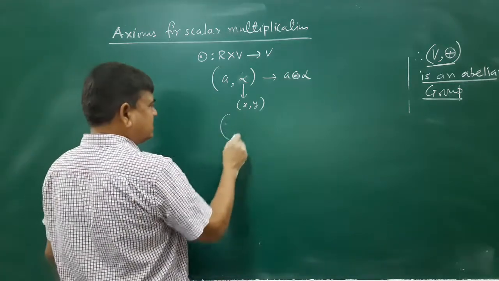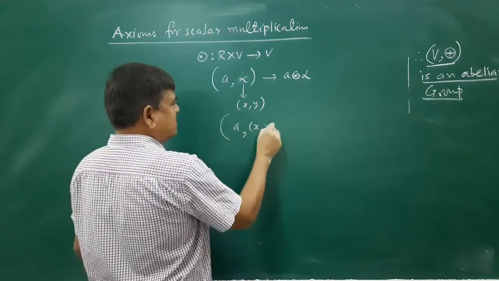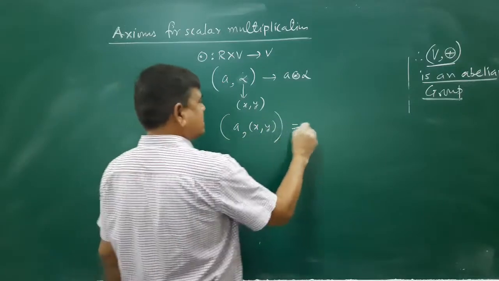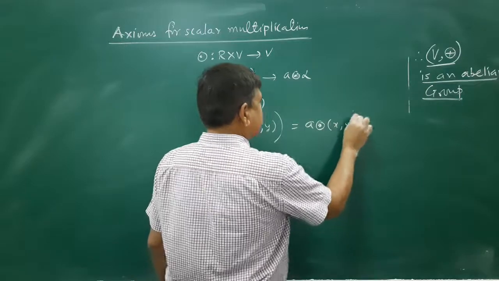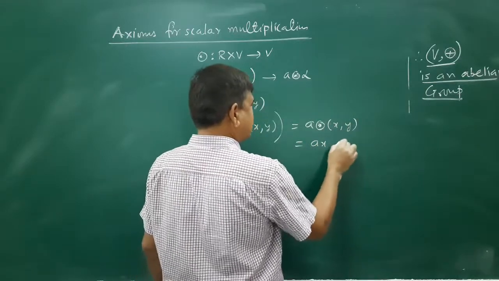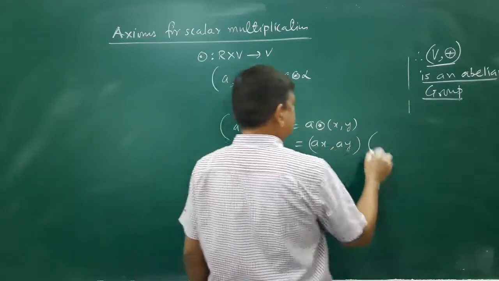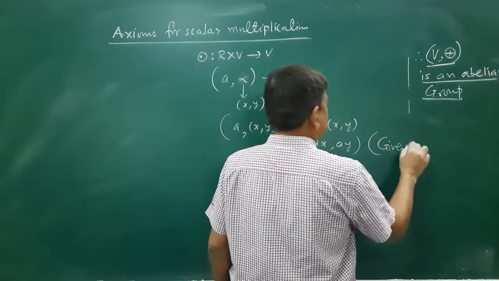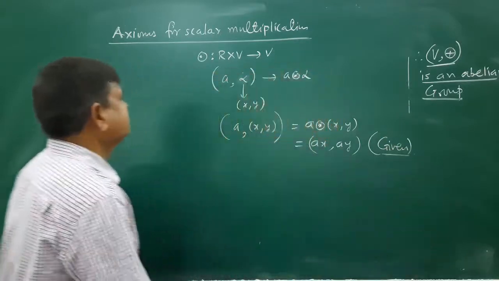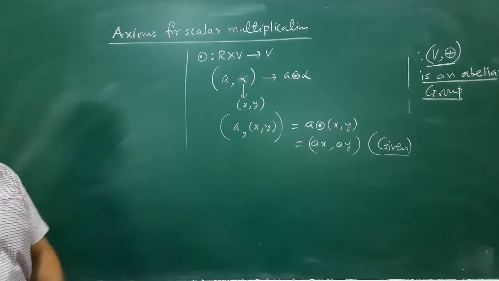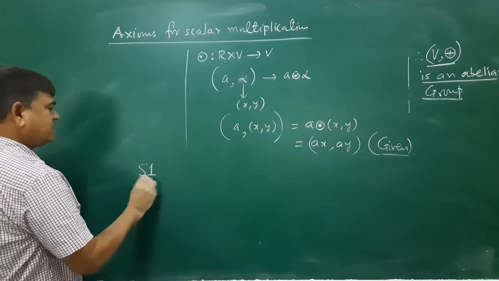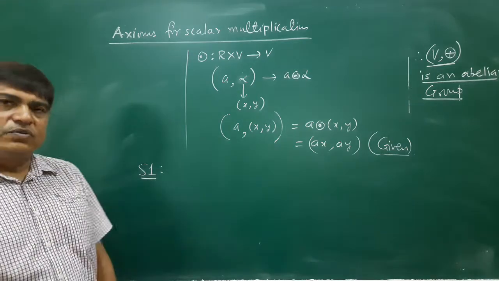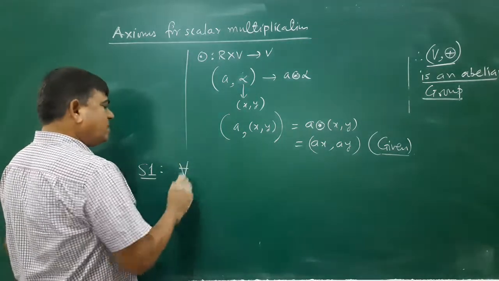So this is scalar multiplication. Again 5 properties, as closure for all.